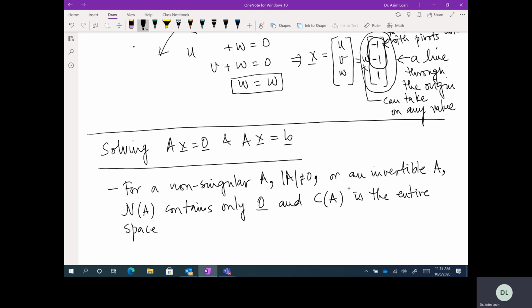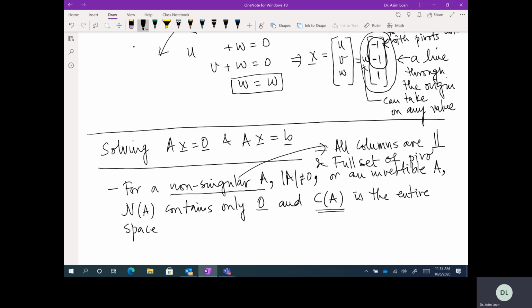Why? Since A is non-singular, all the columns are independent. Since all columns are independent and this is a square matrix, you'll have the entire space as the column space. The number of equations is the same as the number of unknowns, and since it's non-singular, you have a full set of pivots.